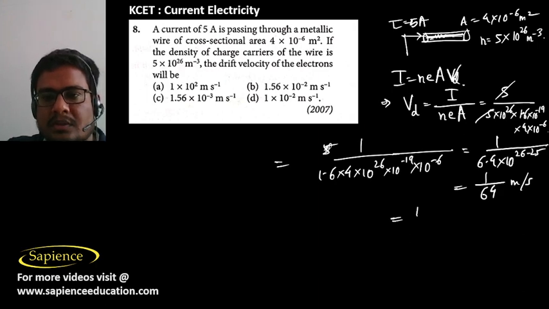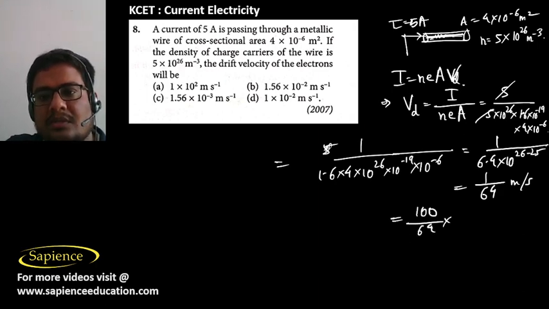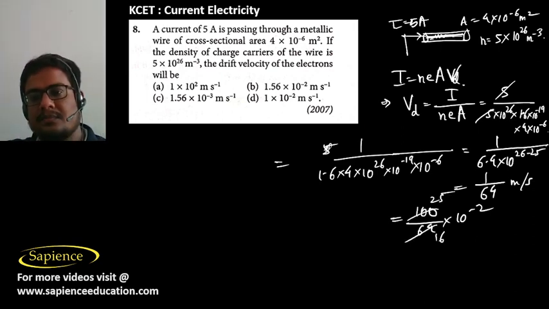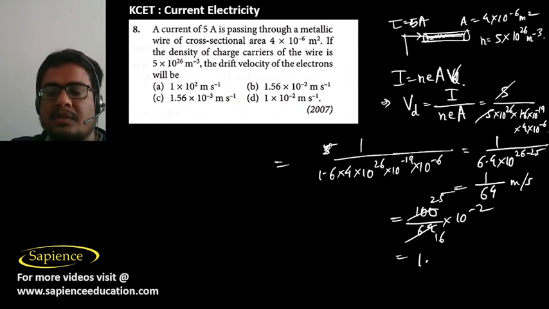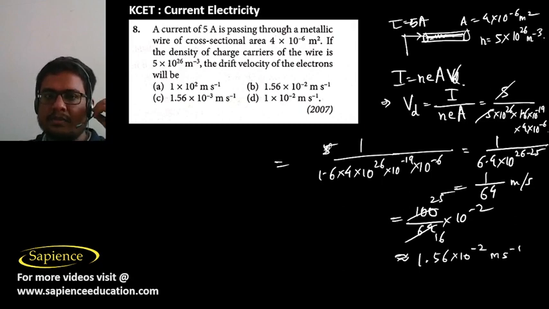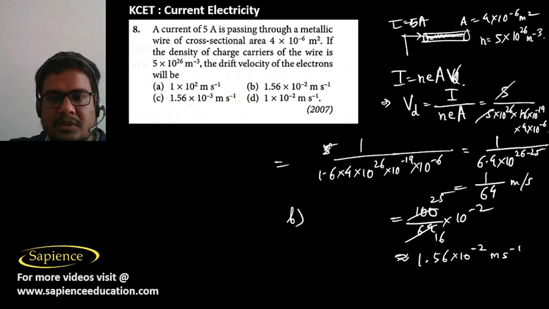So this will be equal to 100 by 64 into 10 power minus 2. 100 by 64 is 1.56. So this is approximately 1.56 into 10 power minus 2 meter per second. So option B is the correct answer.